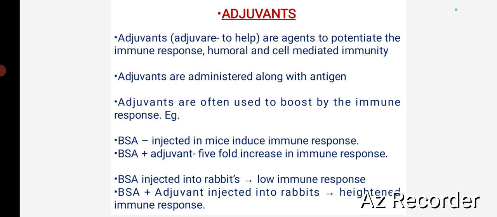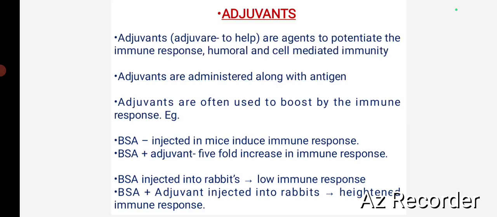Example, BSA means bovine serum albumin, injected in mice, which induces a normal immune response. BSA combined with adjuvant then injected to mice increases the immune response 5 times. 5 times means a 5-fold increase in the immune response.